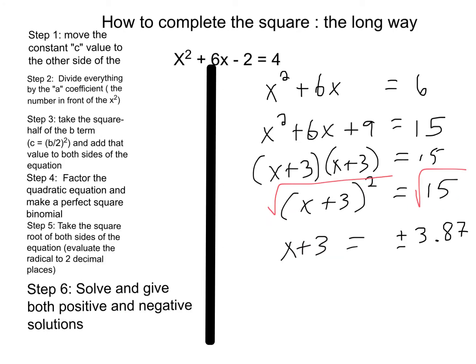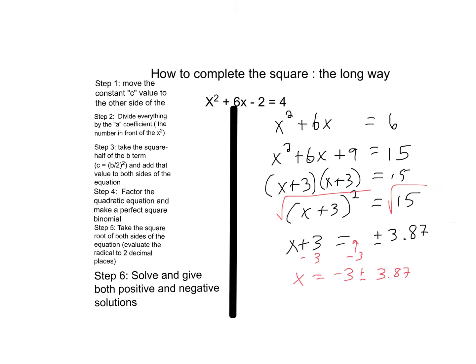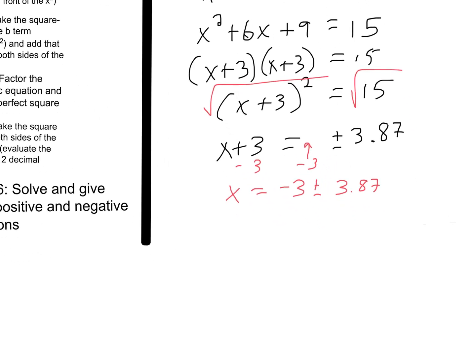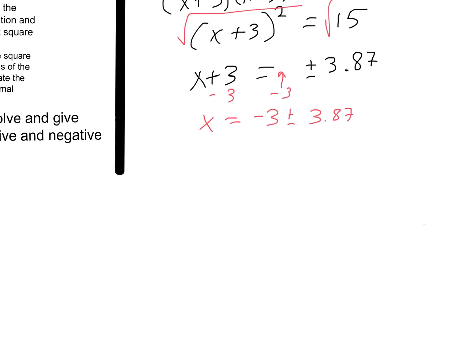Now we're just going to solve the rest of this equation. We subtract the 3's and park that in front. So we have x equaling negative 3 plus or minus 3.87. But we are not done. Because of this plus or minus symbol, there's a positive solution and a negative solution.